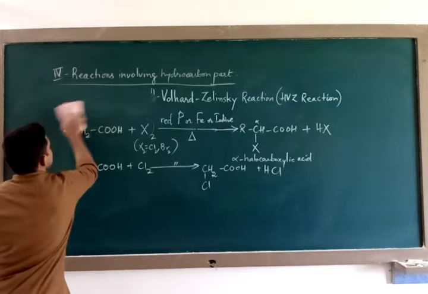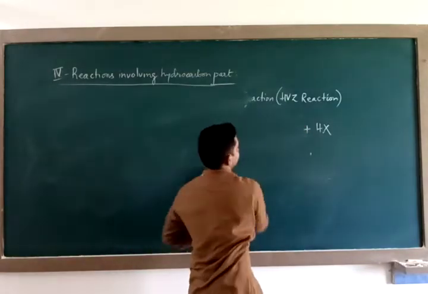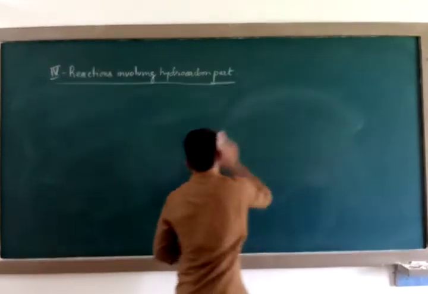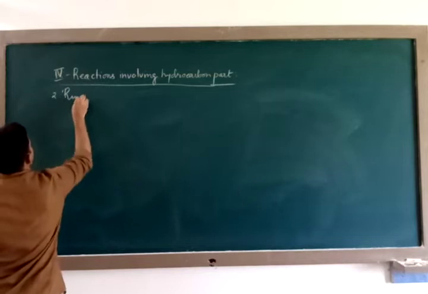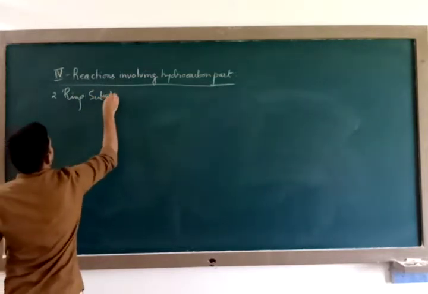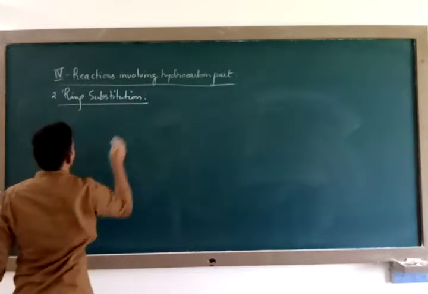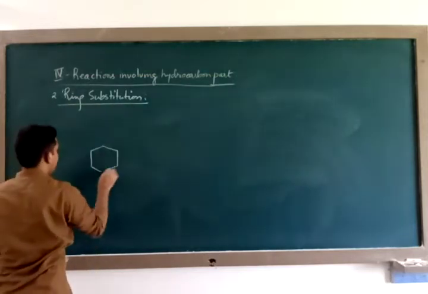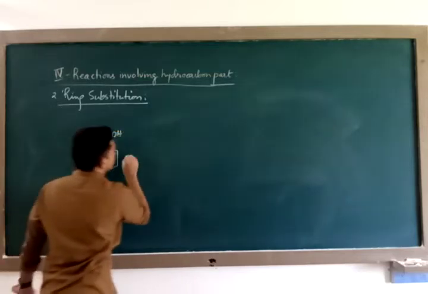Then if this is done, you have another reaction. The last reaction is ring substitution reactions or electrophilic substitution reactions. For this you choose benzoic acid, subject it to reactions.